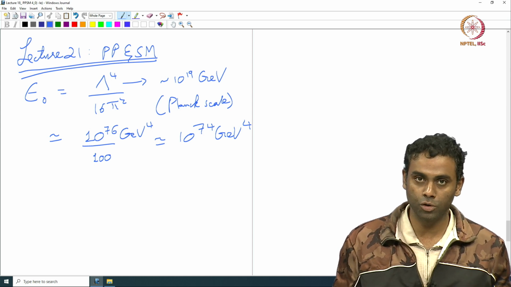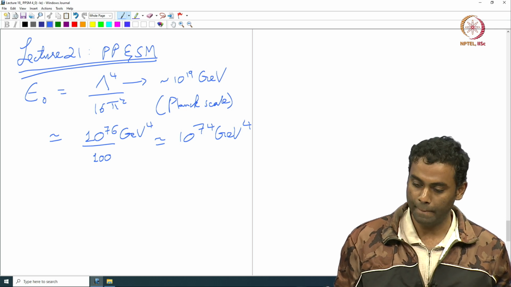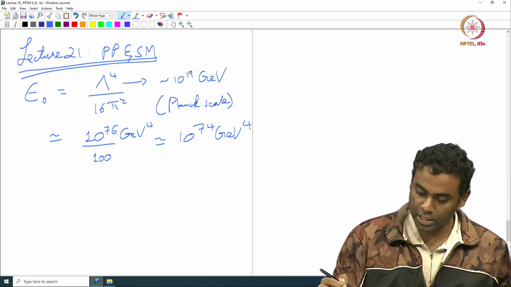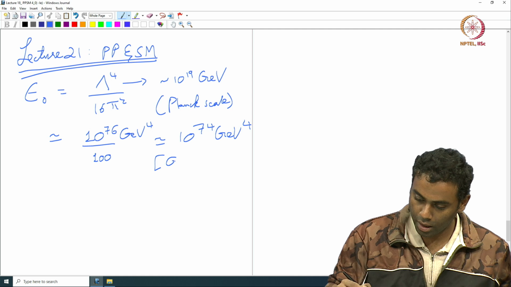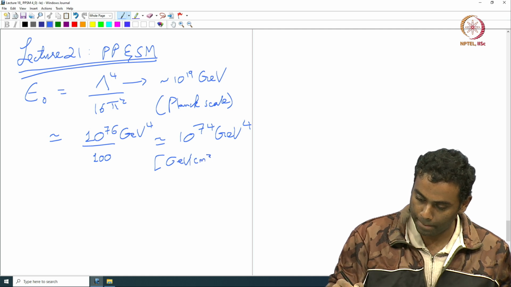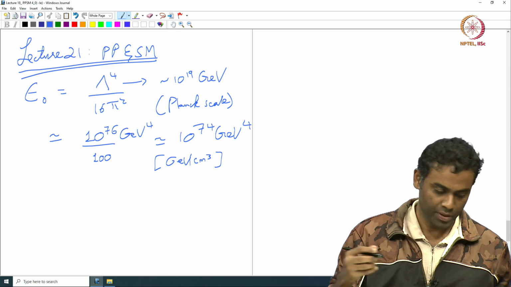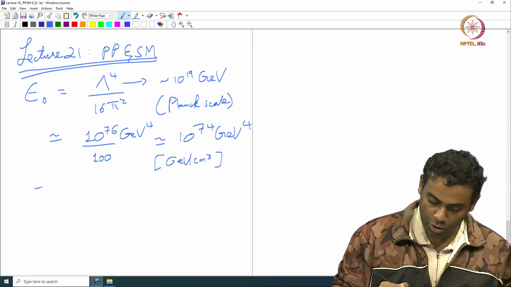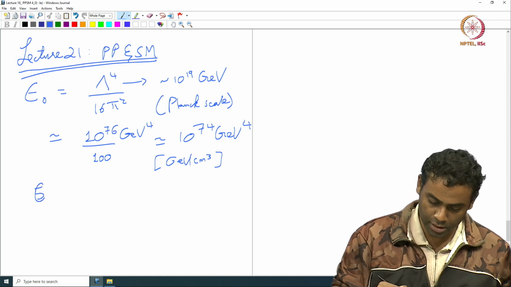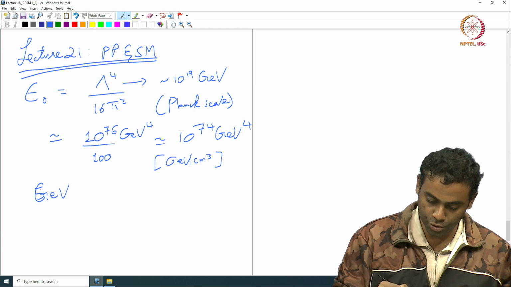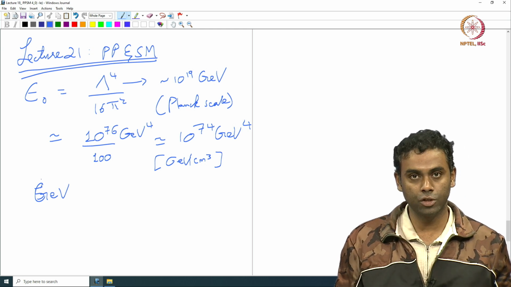Let us convert this to some sensible units that we can intuitively understand, alright. The units I want to go to are GeV per centimeter cubed, that is something that we could begin to understand, okay. So I am going to write down the conversion factors but I highly encourage you to derive these yourself.